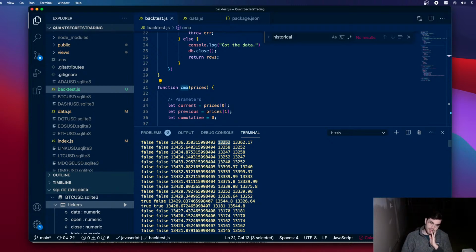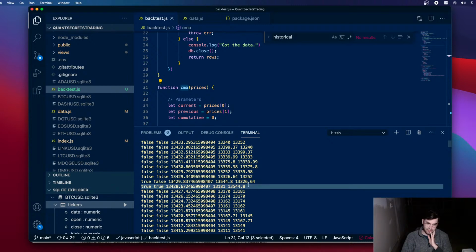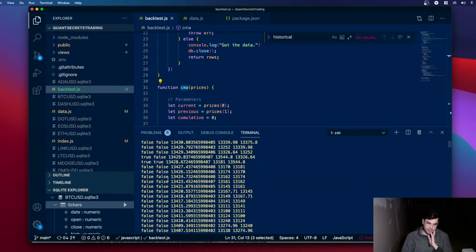So here, this would be a buy event because the previous was lower than the average, but the next stock price was higher than the average, so that's a buy event. But then right after that is a sell event, so that's within a minute right there. It's a buy and a sell.